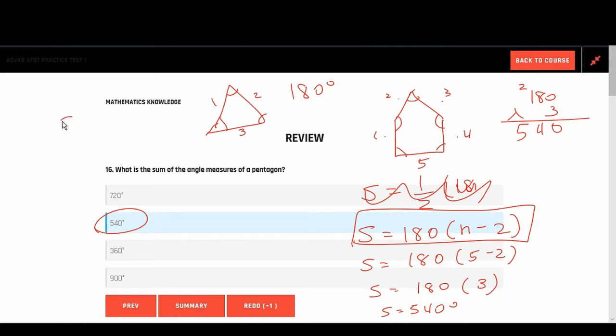So the sum of the interior angles of a triangle is 180, 1, 2, 3 sides. So that's going to be our n minus 2. 180, 3 minus 2 is 1. 180 times 1 is just 180. So you can see that the formula works for all shapes, including triangles, pentagons, and so on.